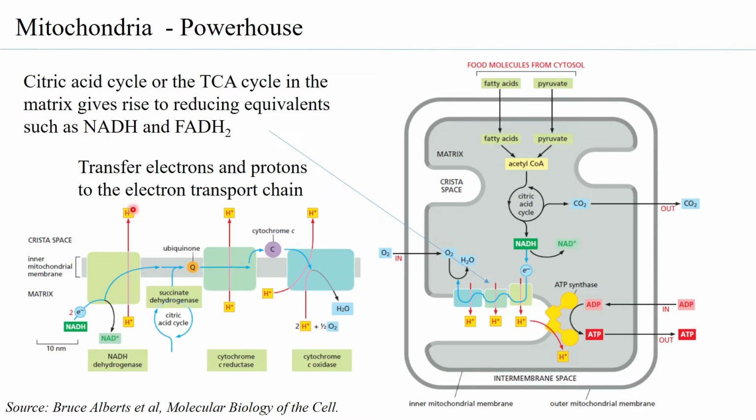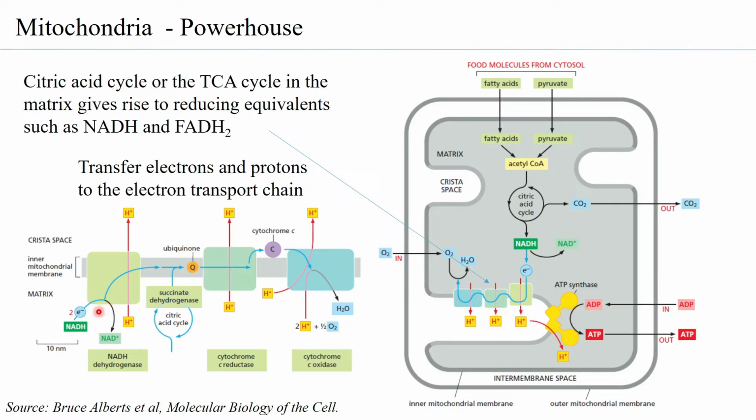So this H plus will not be able to get into the matrix on its own because the inner membrane is not permeable. So what is going to happen is those protons that are pumped out as electrons are transferred remain in the intermembrane space. Okay, this is something that is going to eventually lead to ATP synthesis.